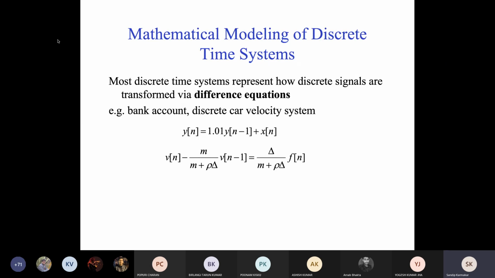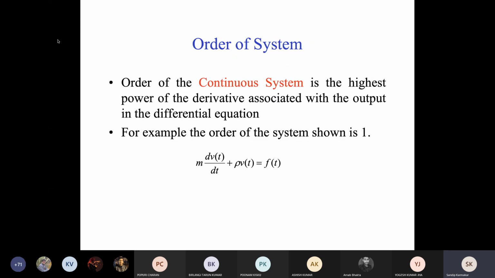That means there is a 1% increase on the previous year's balance plus the deposit that is made in the current year. And the discrete car velocity is (m plus rho delta) v[n] minus m v[n-1] equals delta F[n]. So this is the mathematical model of discrete time systems, which are represented by difference equations.